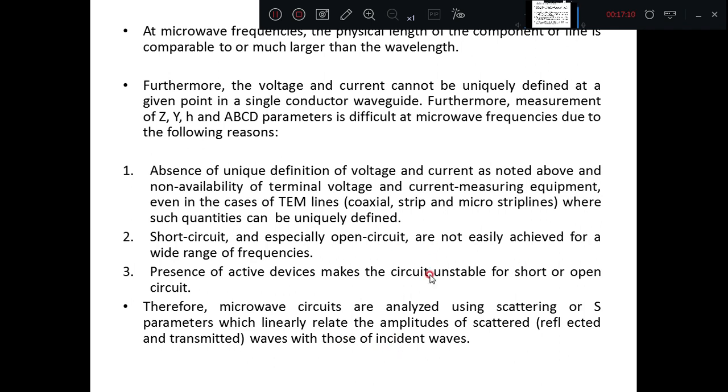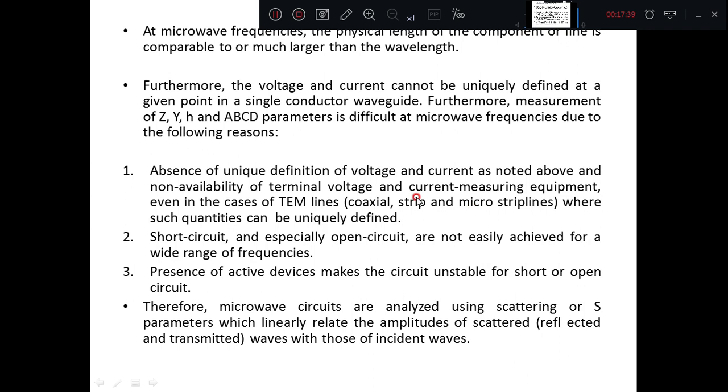So in this slide, what can we conclude? Why can't we use the Z, Y, H and ABCD parameters to analyze microwave circuits? What are the reasons, and what are the solutions to overcome these problems?